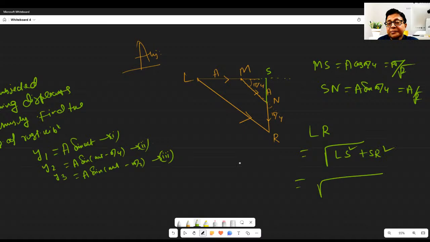What is Ls? A plus A by root 2. What is SR? That is also A by root 2, isn't it?